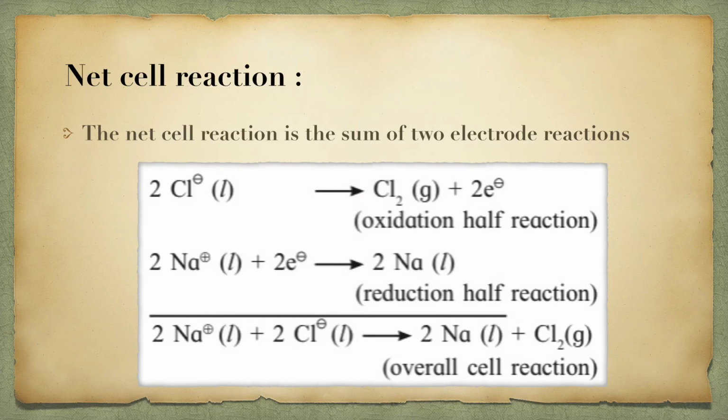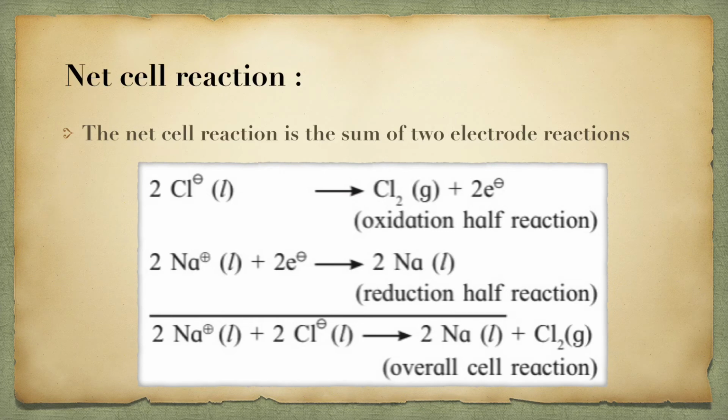Why have we multiplied by 2? So that the electrons can be cancelled. So at the end, 2 electrons get cancelled, and I get the overall cell reaction as 2Na plus plus 2Cl minus gives 2Na plus Cl2. Hopefully you understood this.